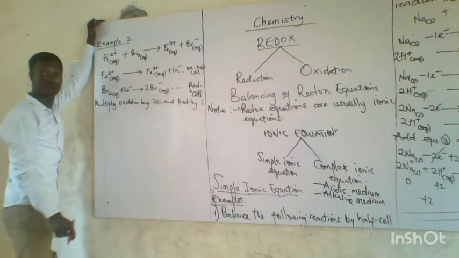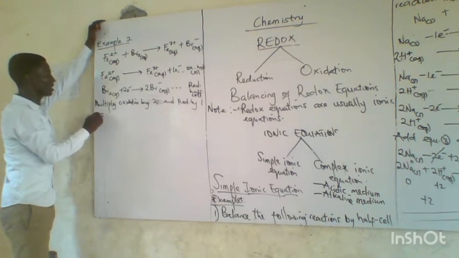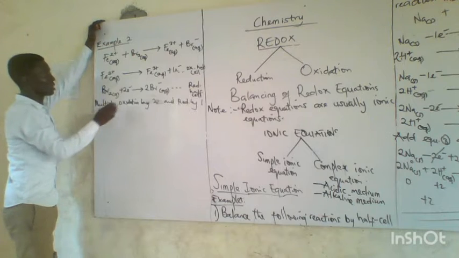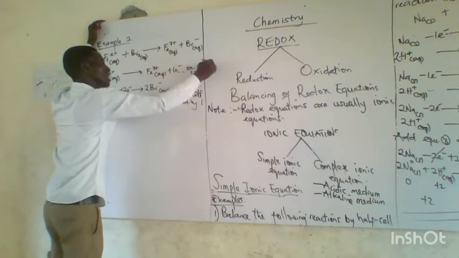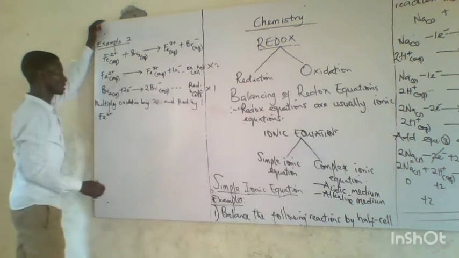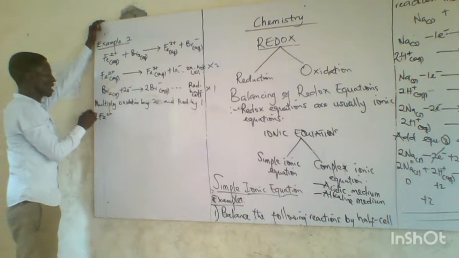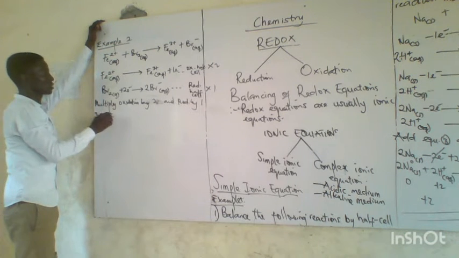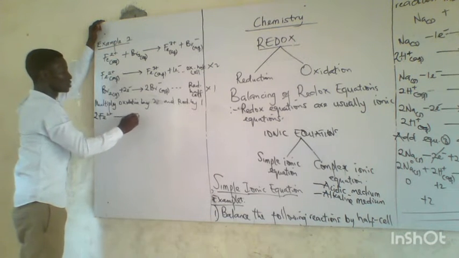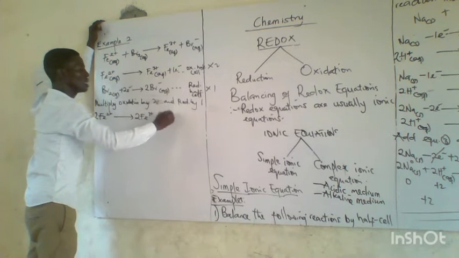Yes? So we have this done. I can now say Fe 2 plus. I'm multiplying by 2, so I can say times 2. This is telling me times 1. Does that make sense? So 2 times this will give me 2Fe 2 plus to give me 2Fe 3 plus plus 2e minus.